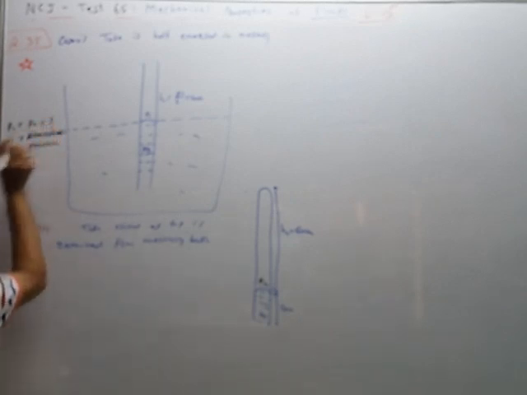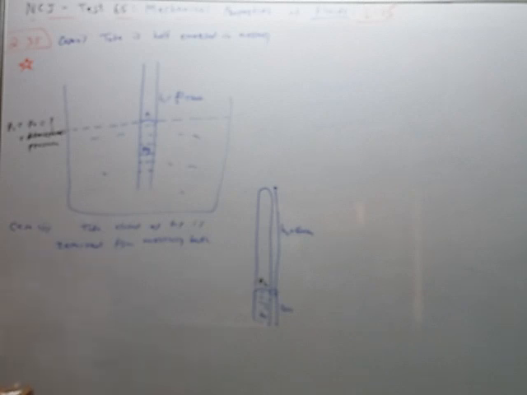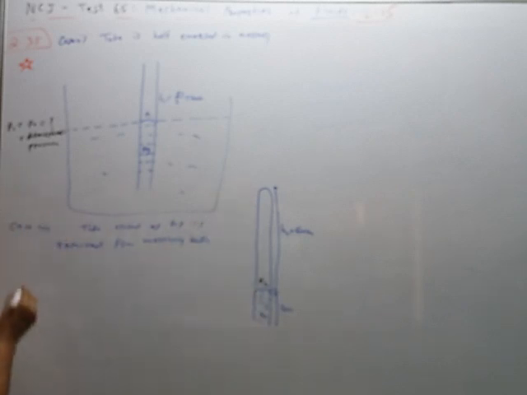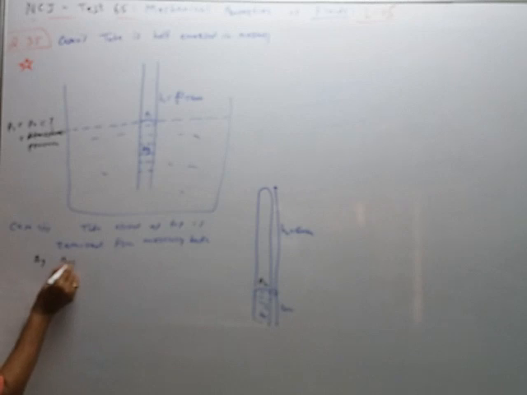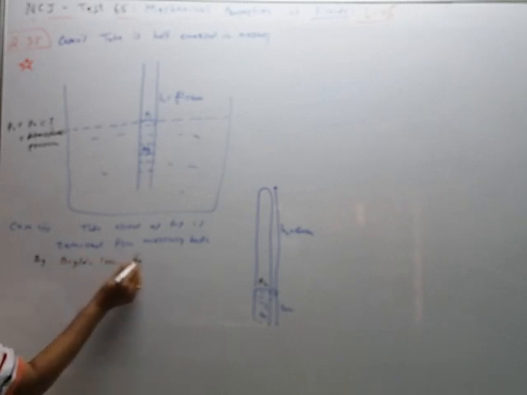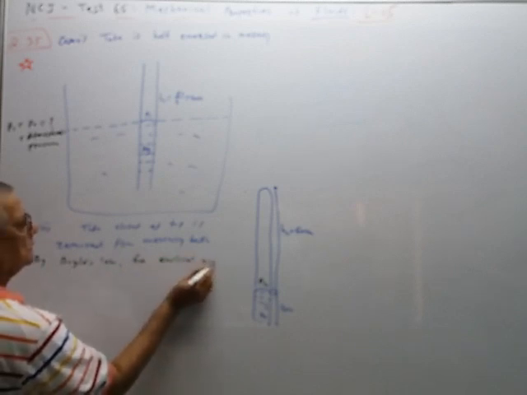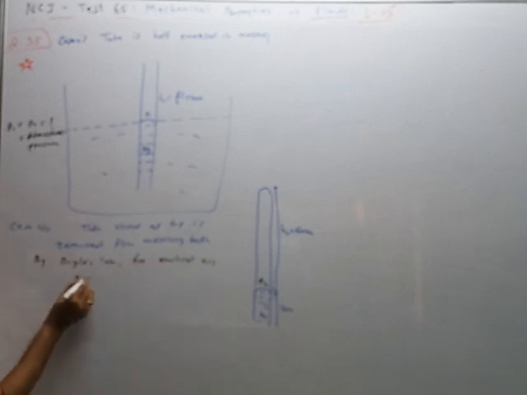P1 is equal to P0, equal to question mark. Now, if you see this figure, then by Boyle's law, for enclosed air, P1 V1 is equal to P2 V2.